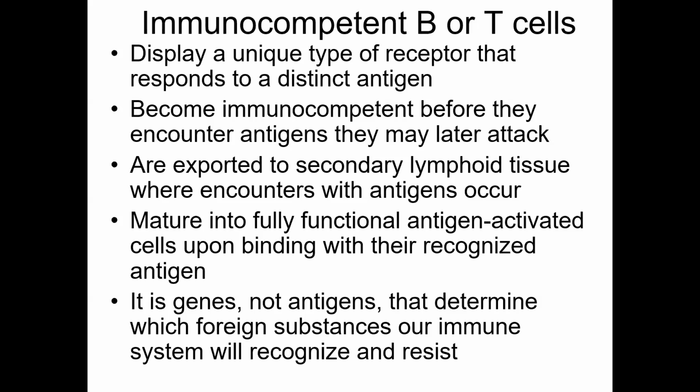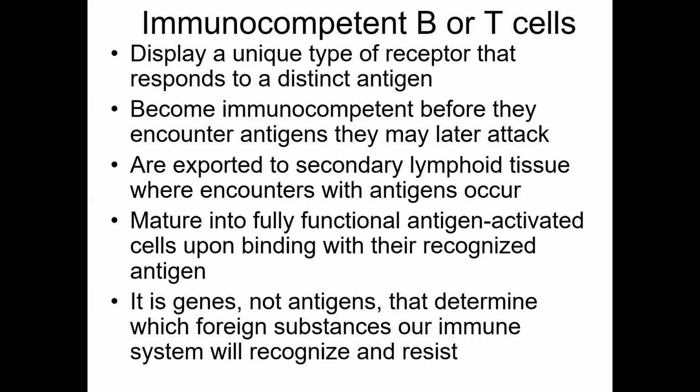Once these cells are made, they circulate in the blood. All of these T cells are very unique. On each T cell surface, they carry a specific receptor which can recognize a specific antigenic determinant.